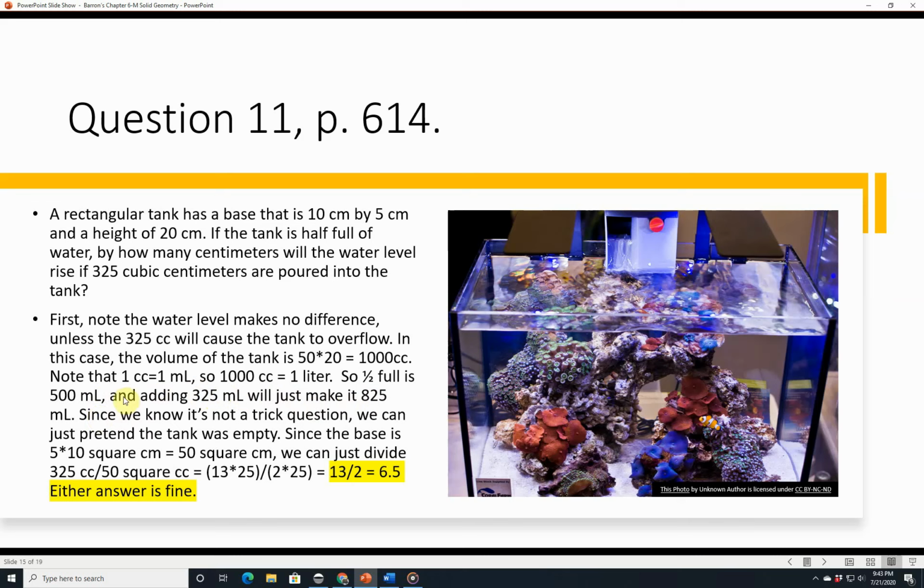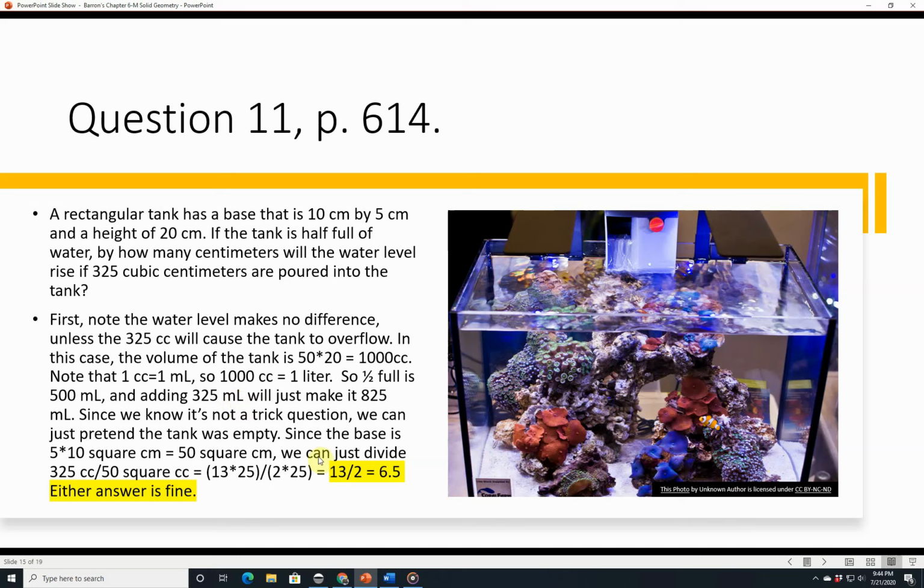Since we know it's not a trick question, we can just pretend that the tank was empty. Since the base is 5 times 10, which is 50 square centimeters, whatever you pour into it is only going to go up by the volume divided by 50, because it takes 50 square centimeters to coat each part of the tank, is what I'm trying to say.